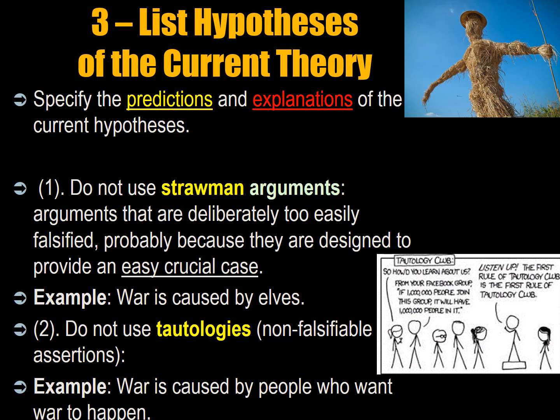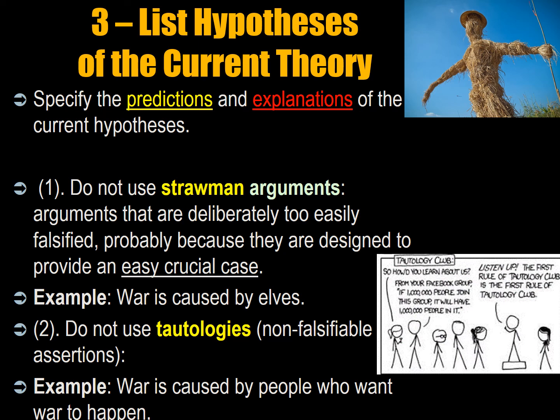For example, war is caused by angry people. I mean, how on earth are we going to falsify this? You have a war, someone's going to be angry, some of the people attacking are going to be angry. Is it the anger that caused them to go to war? Do they just look angry? You can't use that kind of argument.